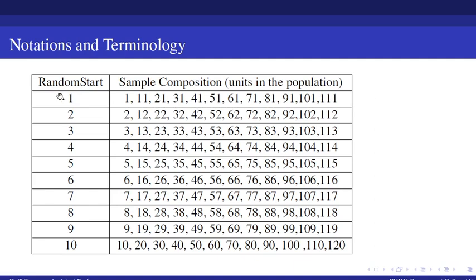Here the sample selected is decided by the random start itself. If 1 is the random start, this is our sample. If 2 is the random start, this is our sample. If 3 is the random start, this is our group. So these are the 10 possible samples to be selected from this population of size 120. To understand, this example is very much useful.